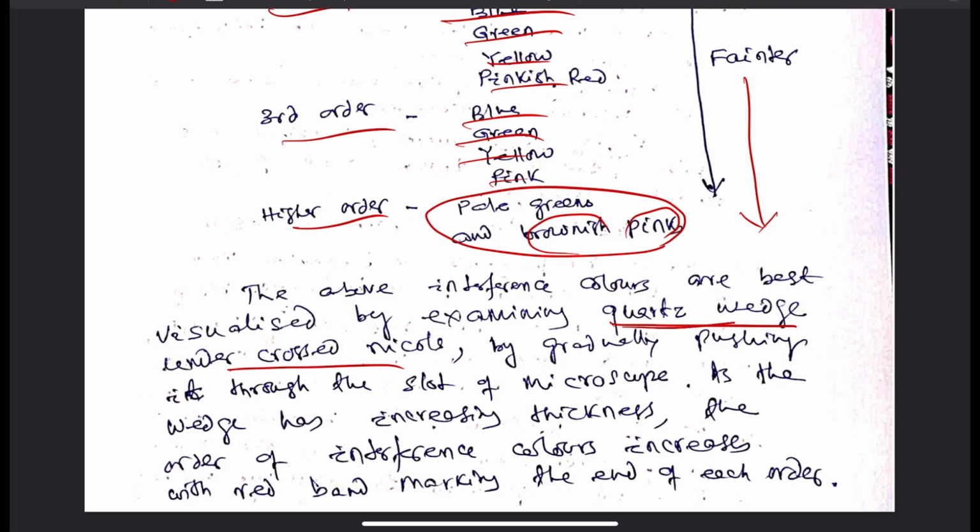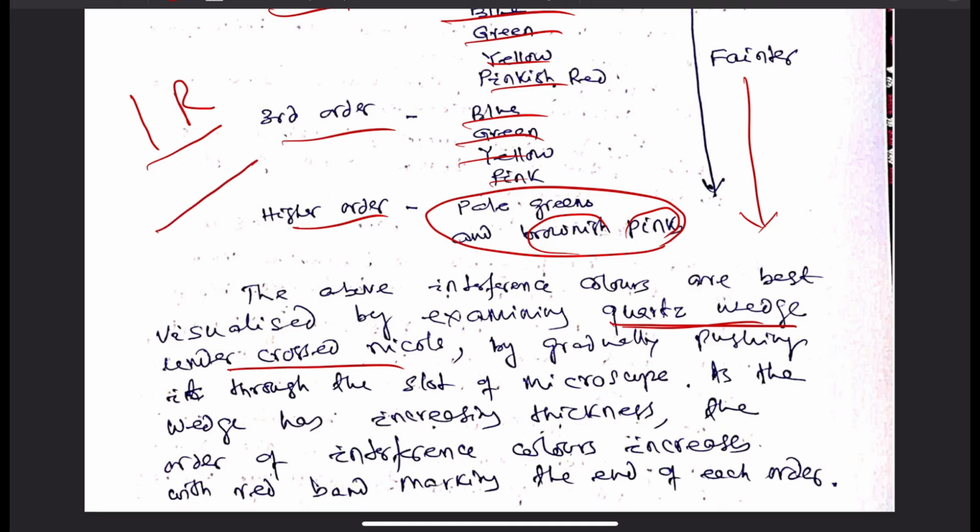We may use the quartz wedge above the objective and see what are the colors of first order, because each order is found to end with a red band. So first order red, then second order red, then third order red.